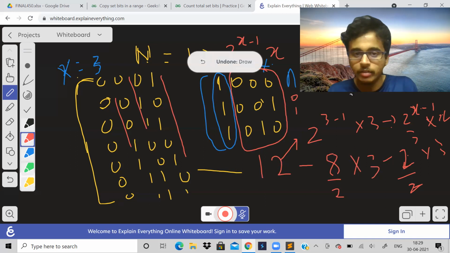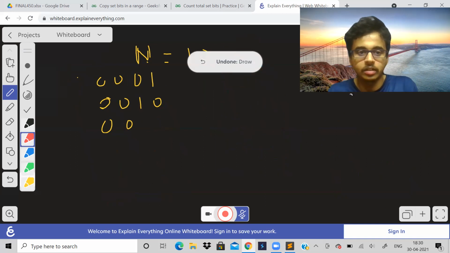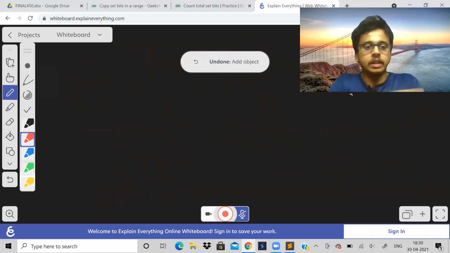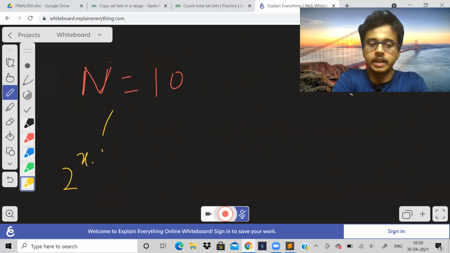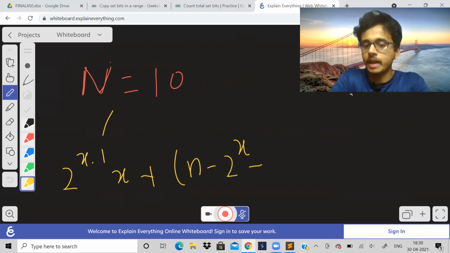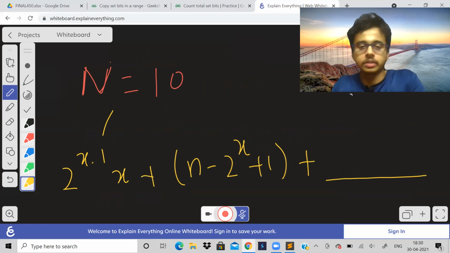So essentially what have we done? The problem was n is equal to 10. We found out that there will be 2 power x minus 1 into x plus n minus 2 power x plus 1 plus, what is this remaining value?